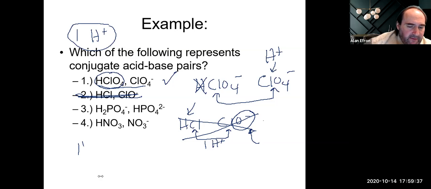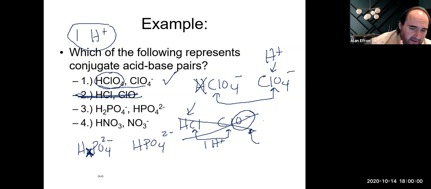Looking at number 3, we have H2PO4 minus and HPO4 2 minus. You could approach it whichever way you want. You could take the H off. If we took the H off, we get rid of one of those hydrogens, and when we take the plus off, we become one more negative.